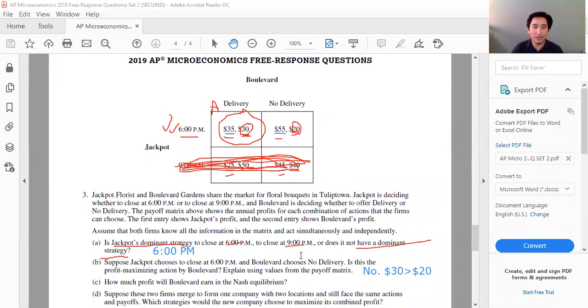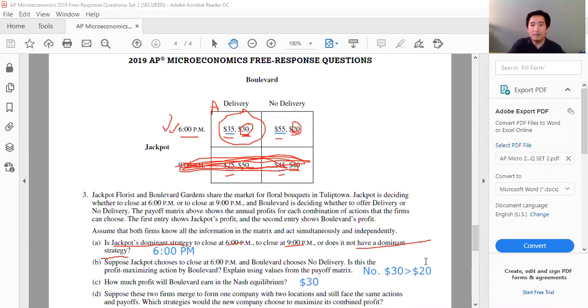So again, the question is, suppose these two firms merge to form one company and still face the same actions and payoffs. Which strategies would the new company choose to maximize its combined profit, right? So again, for C, the profit at the Nash equilibrium would be $30 for Boulevard.